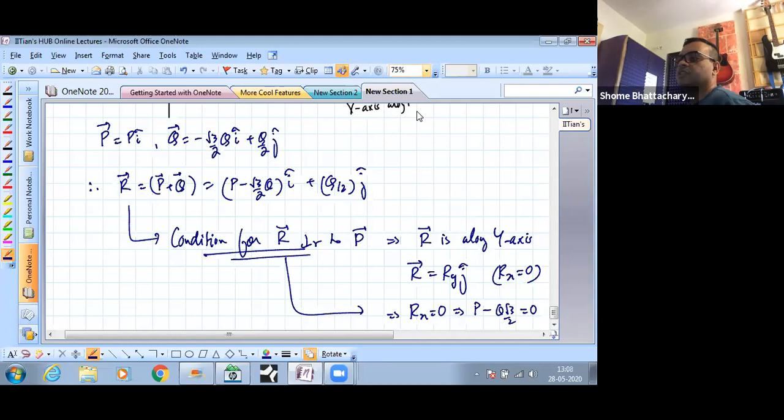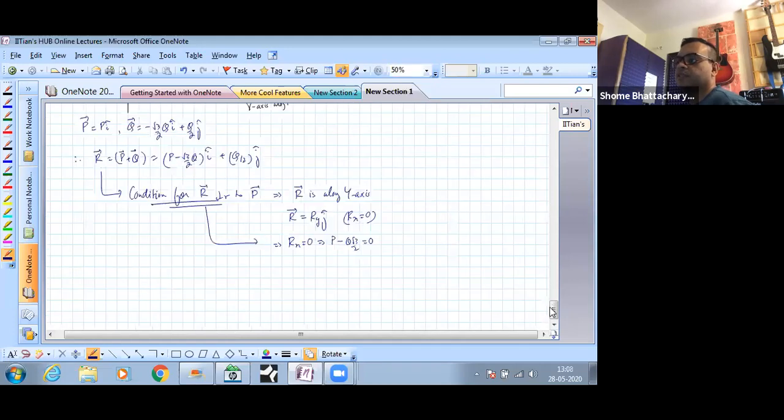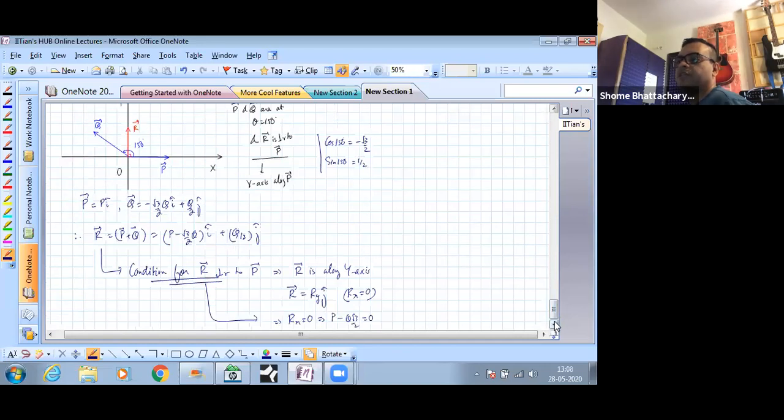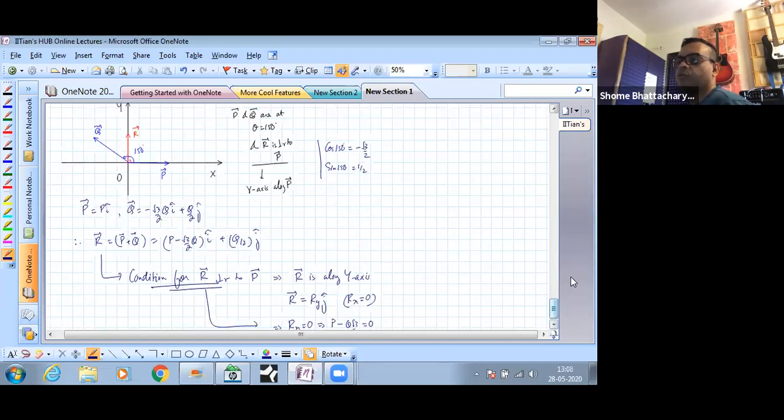Okay. So this is another very convenient way of solving a question like this using the component diagram. And gradually you should get more and more used to how you can solve questions by component method. That is typically the more reliable, straightforward method.